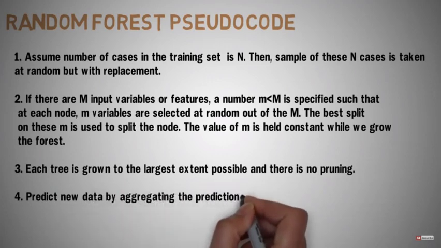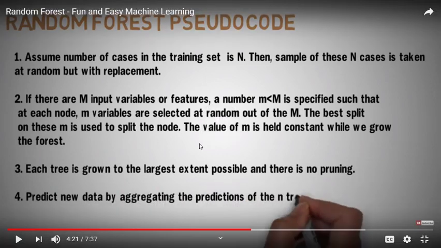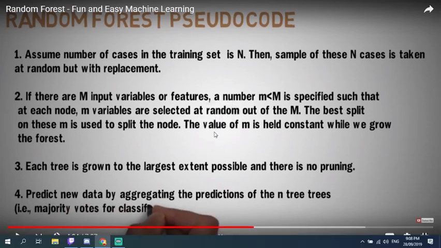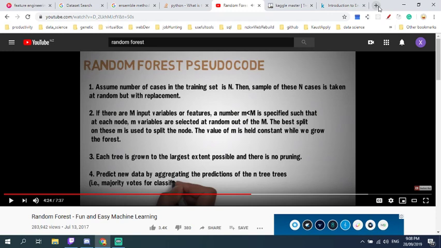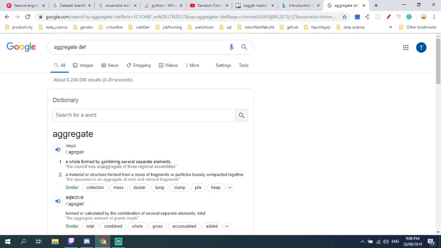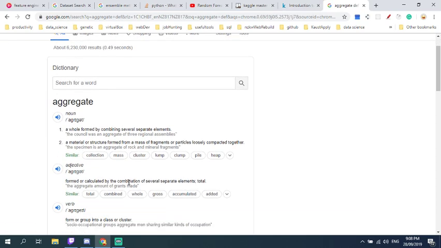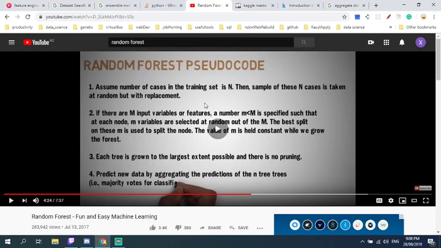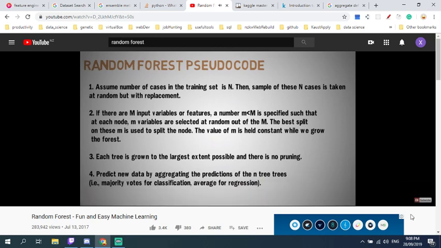The value of m is held constant while we grow the forest. Each tree is grown to the largest extent possible and there is no pruning.